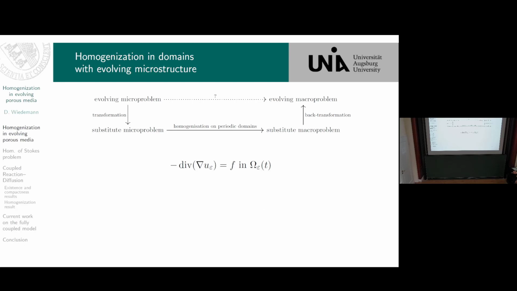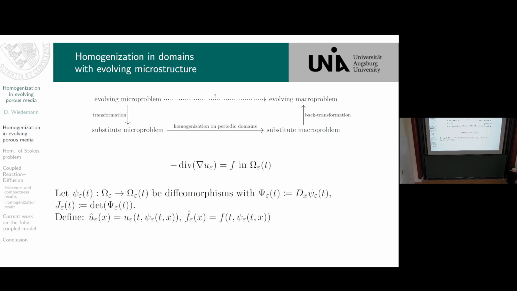But if we take here how we can do this, so the non-periodic domain, now let's assume for this point we have a diffeomorphism, psi epsilon from the periodic to the non-periodic domain. We transform the quantities here, and then arrive at this equation.